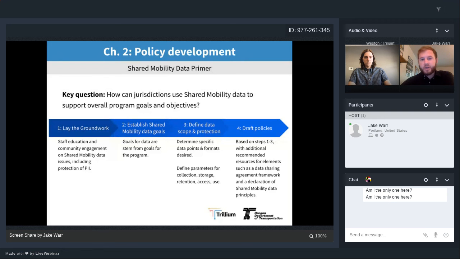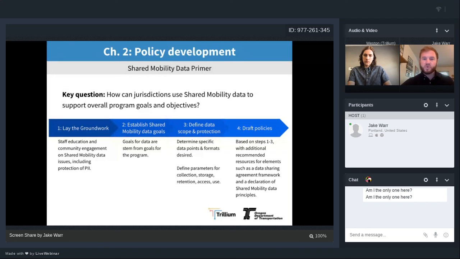So you can start to look at what we want to collect as a jurisdiction that's going to support those program goals. What level of detail do we need? What formats are we going to require the providers to publish their data in? Are we going to require MDS? Are we going to require GBFS? And then as far as how and who is going to be involved with that data: how is it going to be collected?